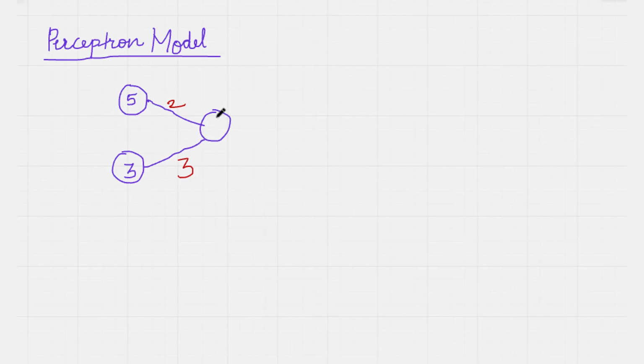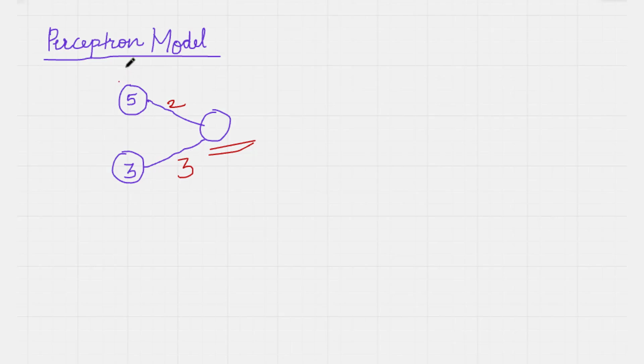So how do we get the value of this node? We need the answer right here. Easy. What we do is multiply the node value with its weight value, and then add them up. Let me give you the conventions as well, it will be easy.